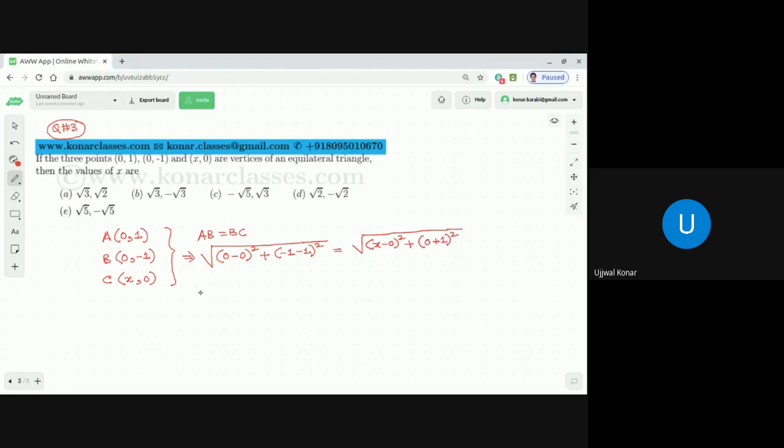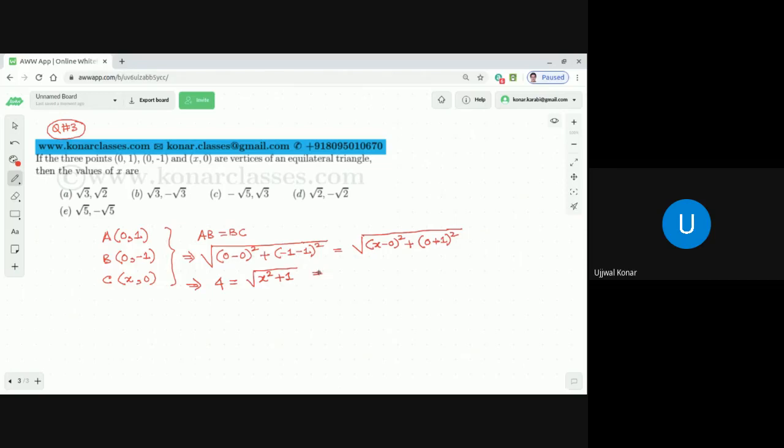Correct? So from here we get minus 2 whole square is 4, that is equal to square root of x square plus 1.